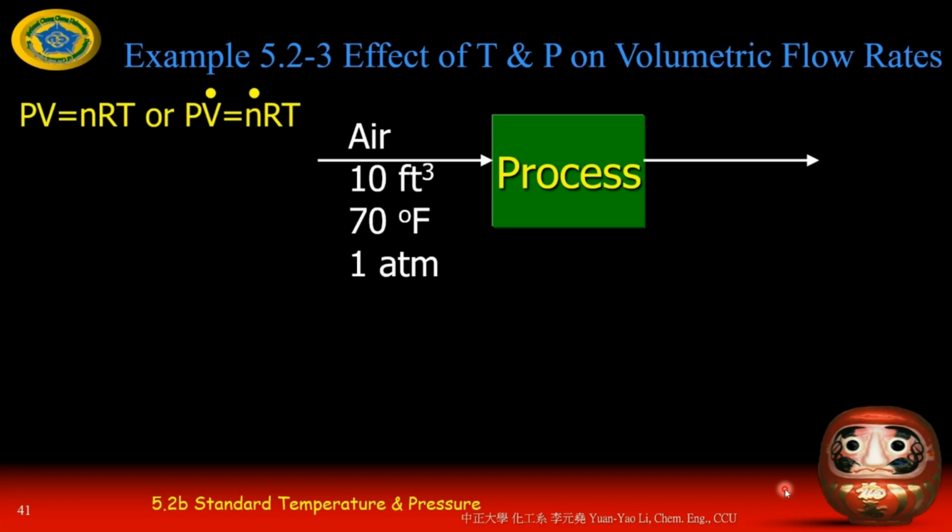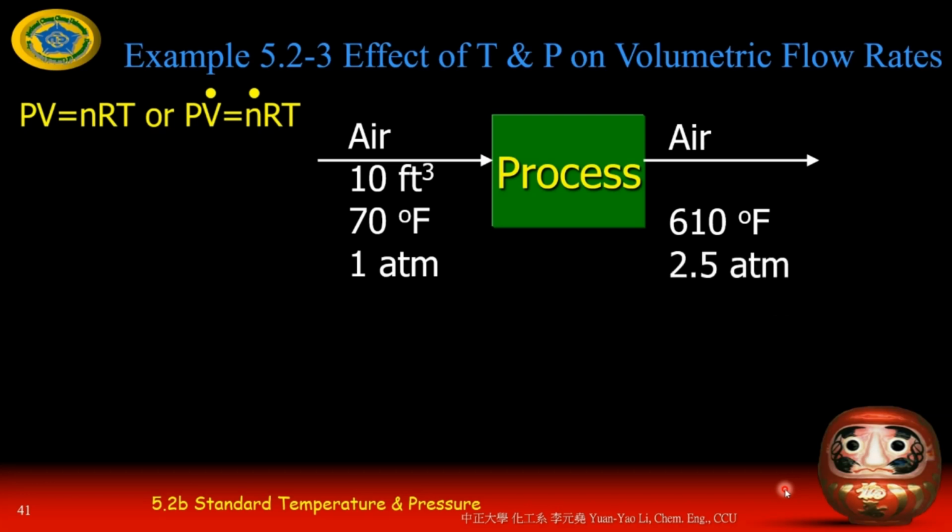So this air is fed into the process and comes out with 610 Fahrenheit and 2.5 atm.